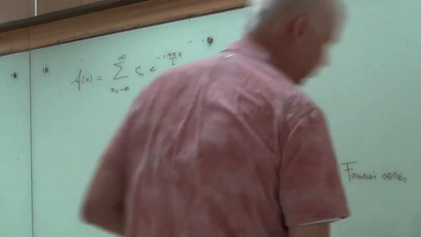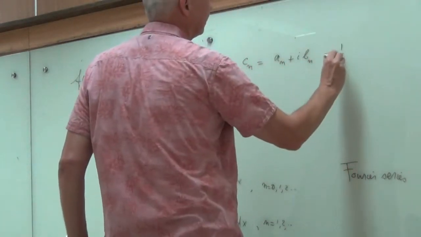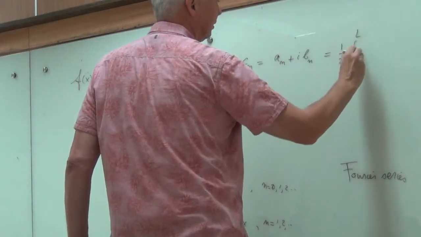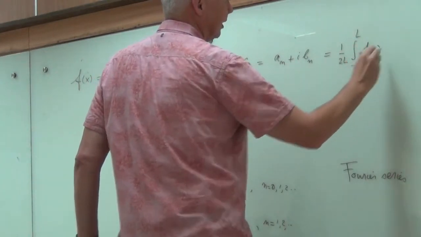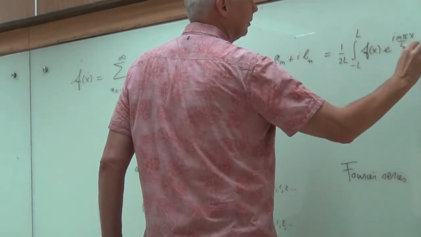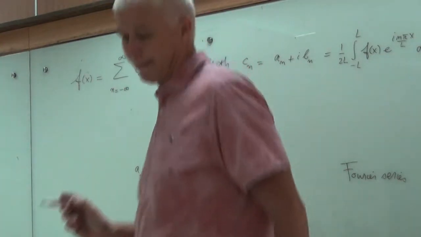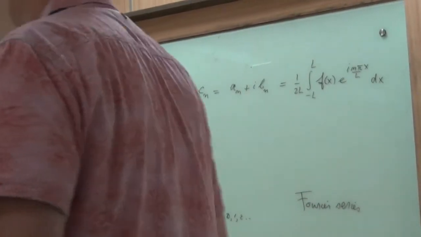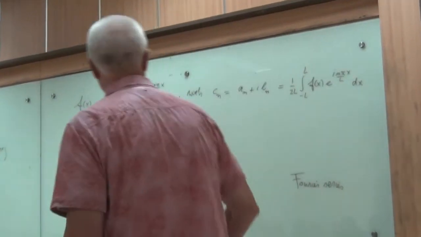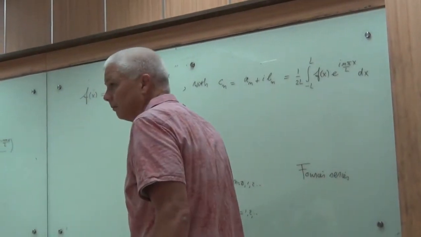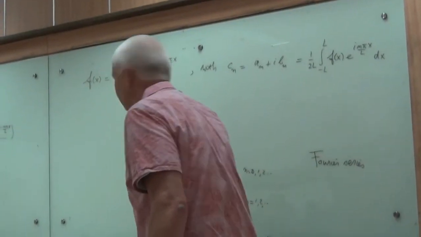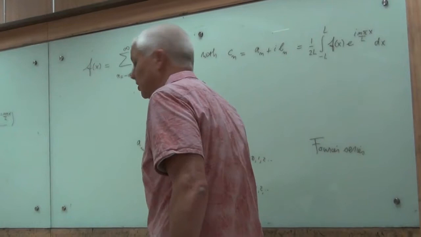And I can rewrite it much faster as an plus i bn, and that's 1 over 2L integral from minus L to L f(x) times e to the power i n pi x over L dx. Write down what an is, what bn is. So if I add those two, multiplying here with an i, I get the same integrals.